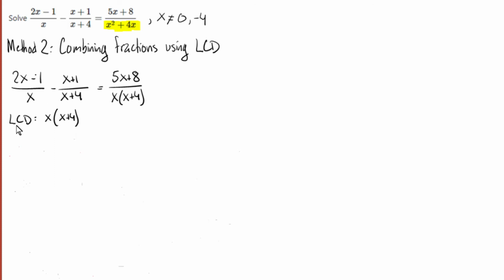Okay, so our lowest common denominator is x times x plus 4. And the first term only has x in the denominator. So to get x bracket x plus 4, we need to multiply denominator and numerator by x plus 4.